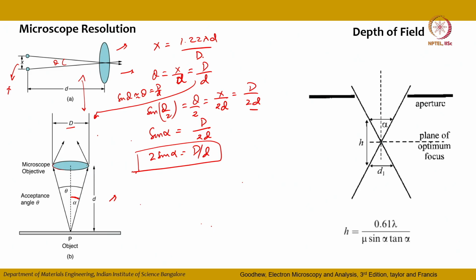Now we know that the NA is given by n sin alpha. Fine, and we have x equal to 1.22 lambda D by d. So we can write x as 1.22 lambda by 2 sin alpha.